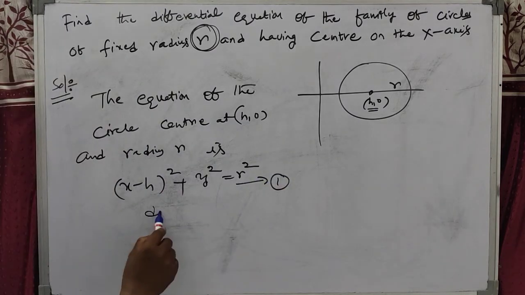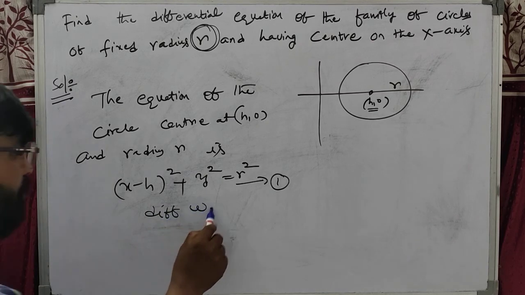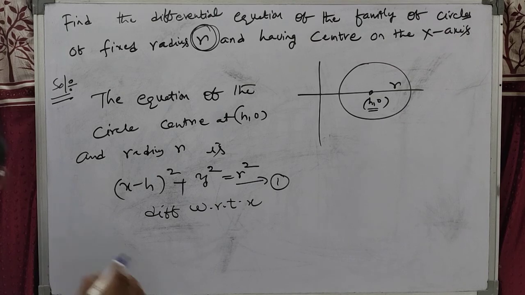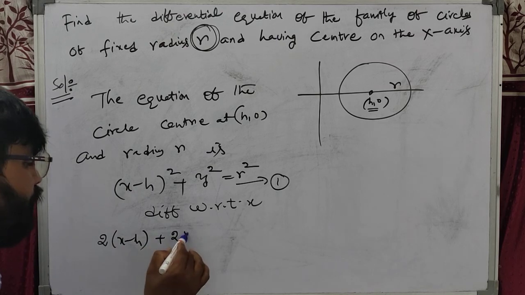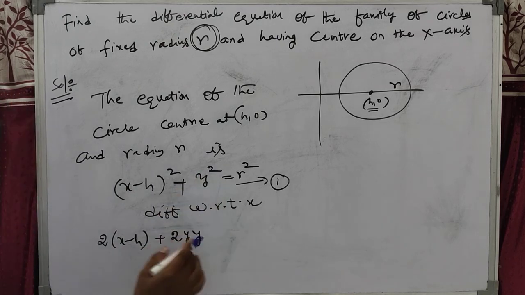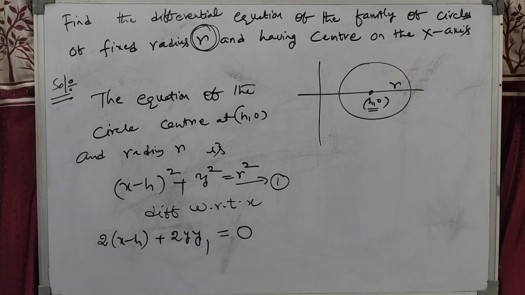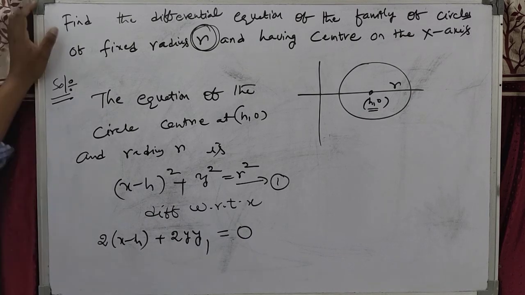Now differentiating with respect to x, this is 2 into (x minus h), plus 2y into the derivative of y, which is y1. The derivative of r square is 0. So now we have only x minus h.